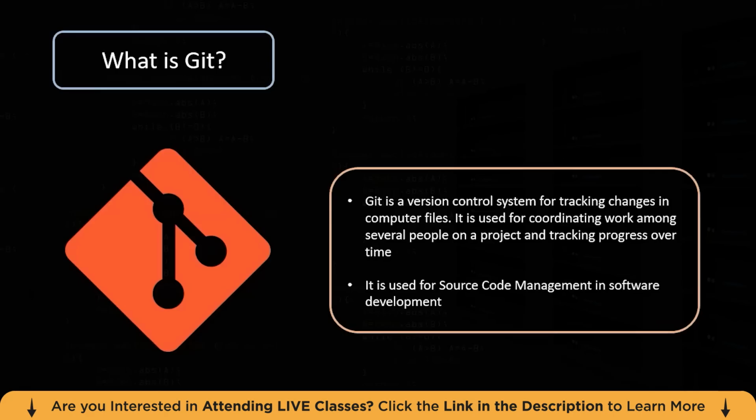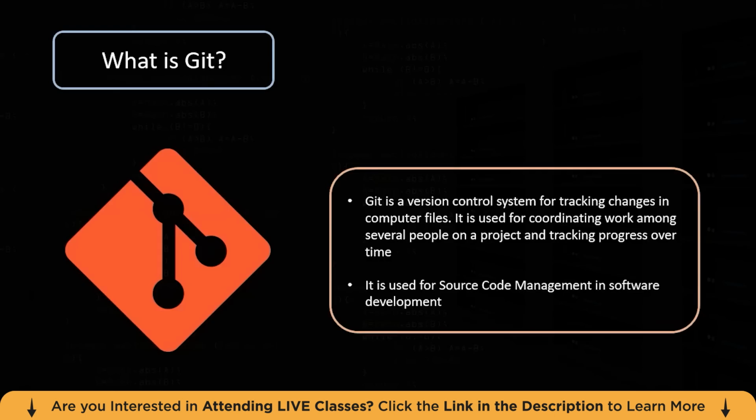So the complete status and the complete stats you will be able to get from this version control system. Now it's mainly used for source code management in a particular software development process or a particular team here.